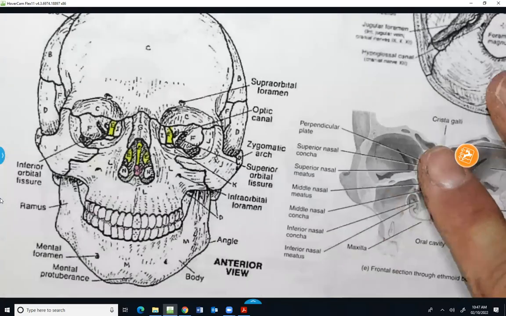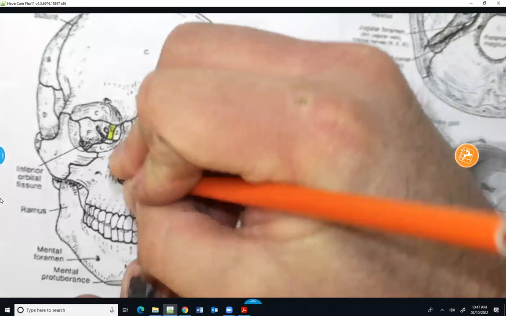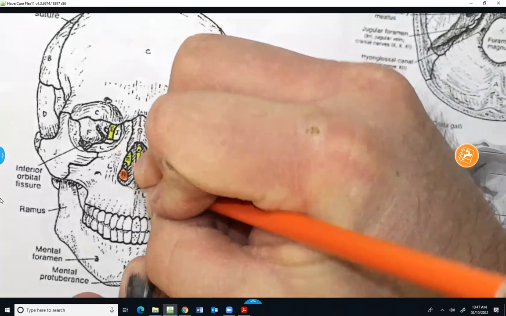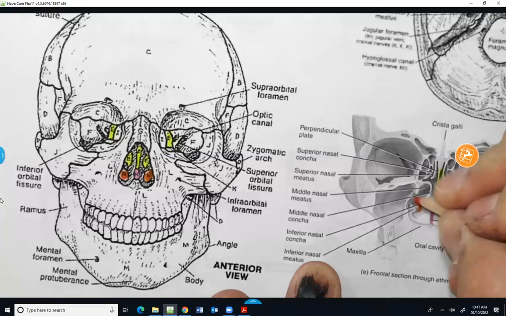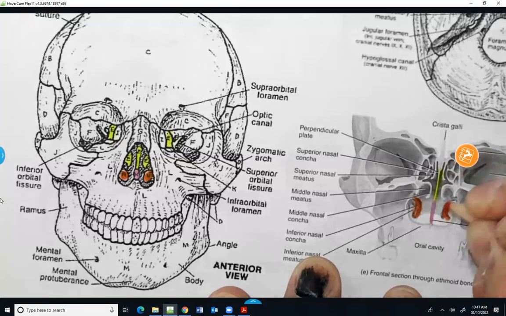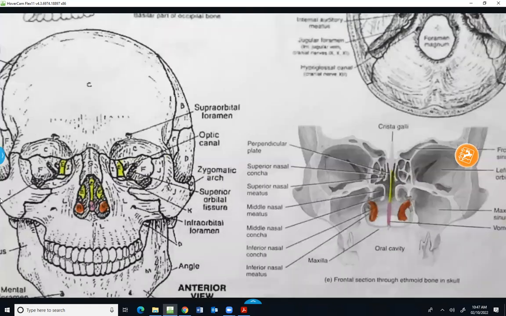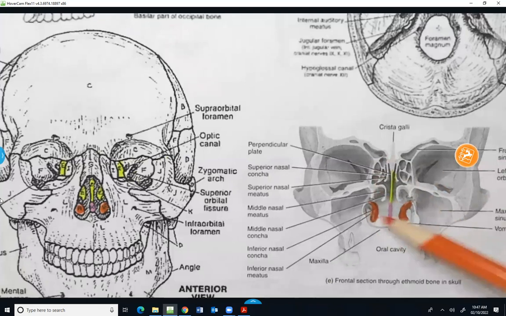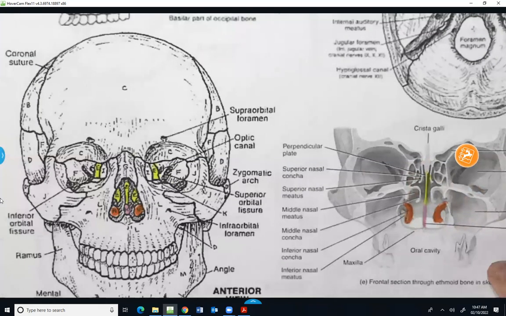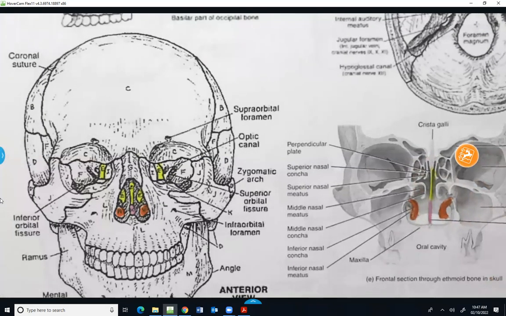They are these lateral bumps here. So in other words, if I were to color them, here and here. The superior and the middle are part of the ethmoid, whereas the inferior are separate bones, and that's why they're colored independently. Make sense?